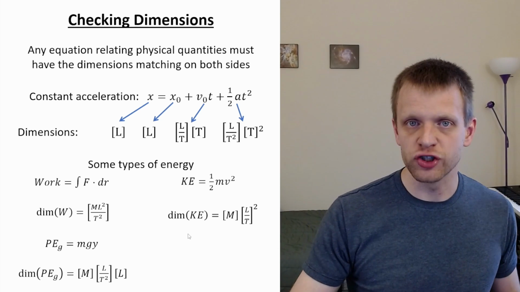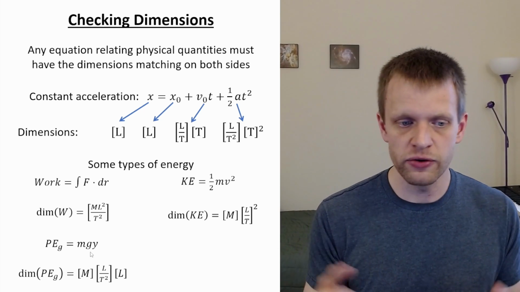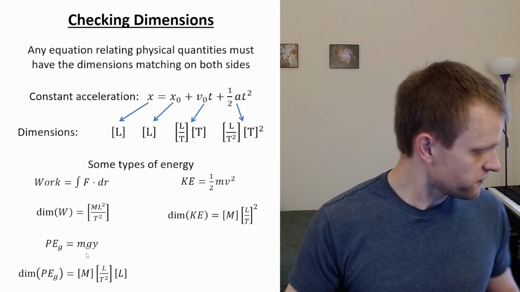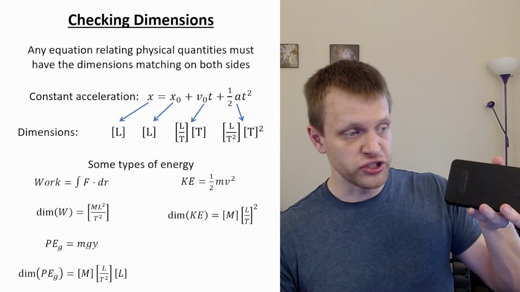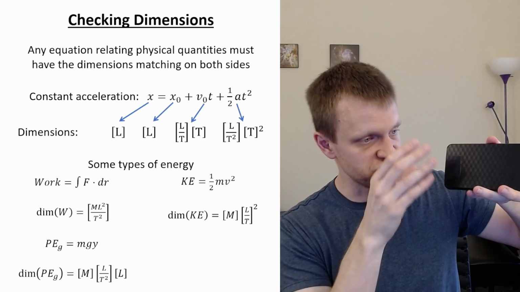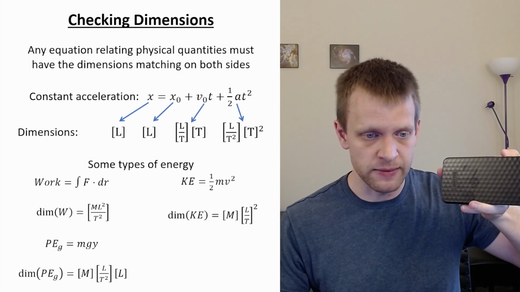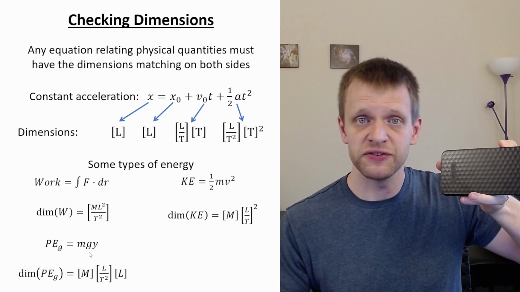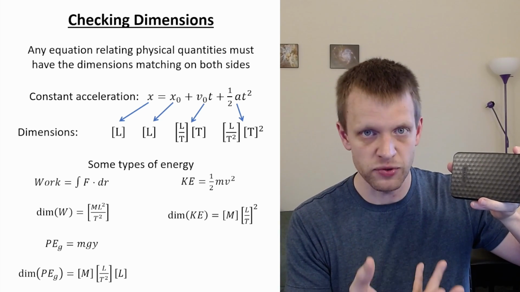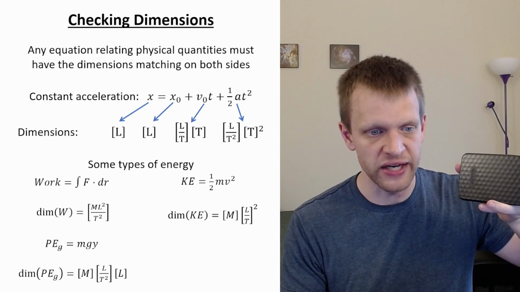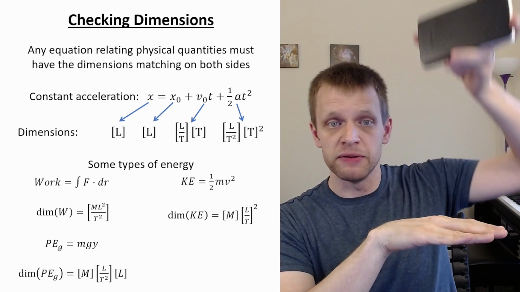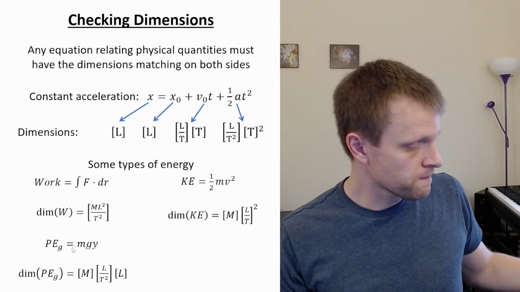What about gravitational energy? If I'm on or near the Earth, and I have some object that I'm moving around to different locations, the gravitational energy is the mass of the object times the gravitational acceleration at this location on the Earth, so 9.8 meters per second squared at most locations on or near the Earth, times y, which is just how high up in the air the object is situated.